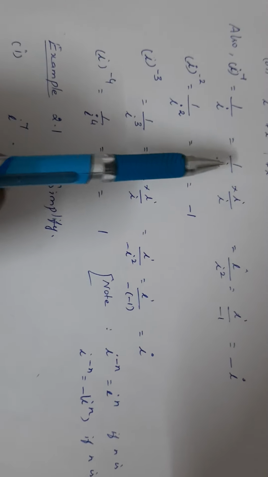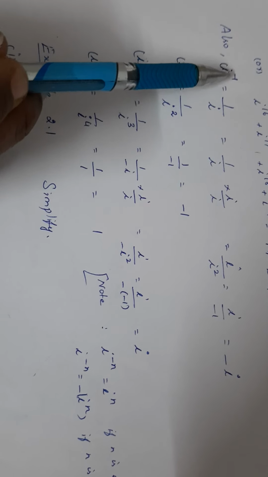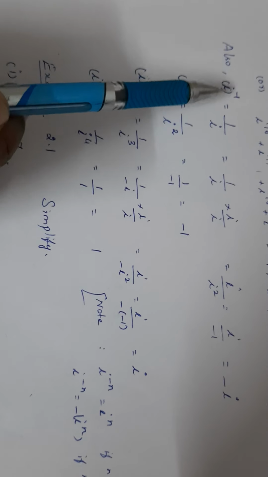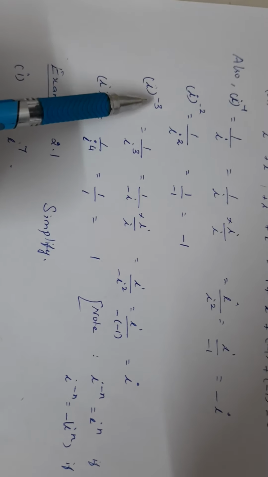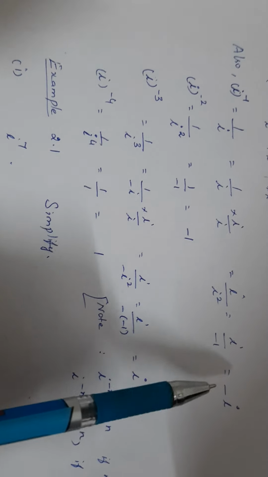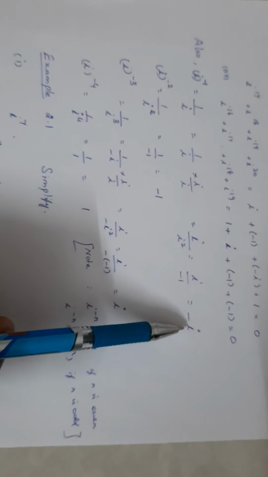So you can notice that for negative powers, if it is odd, i to the power minus 1 and i to the power minus 3, the value will be the negative of its positive counterpart. That is, i to the power 1 is equal to i, but i to the power minus 1 is equal to minus i.